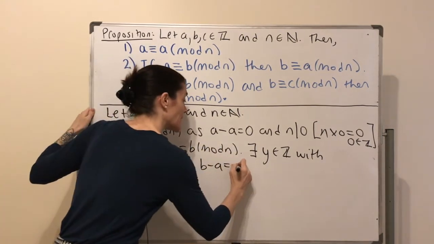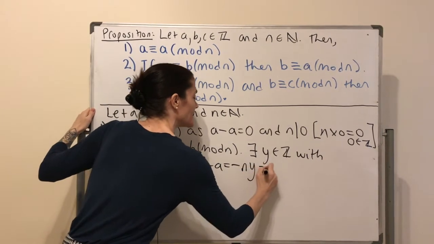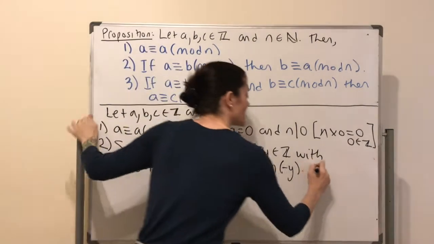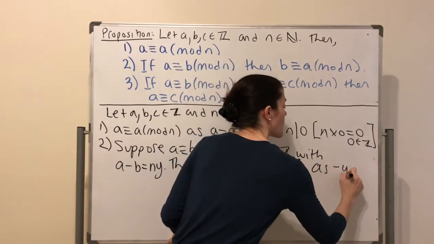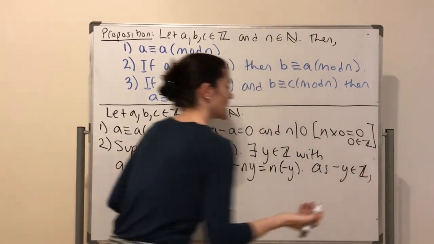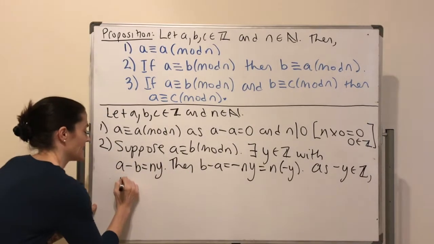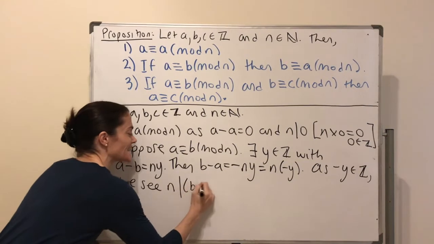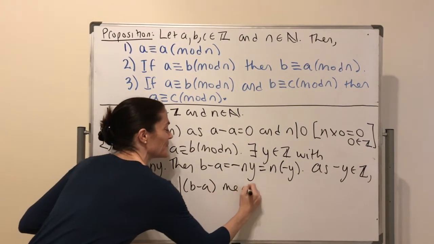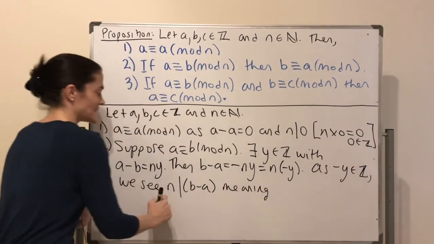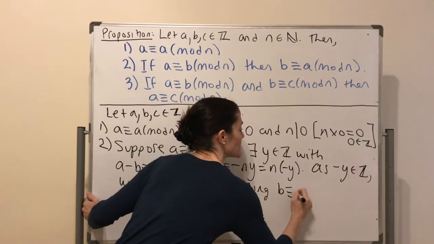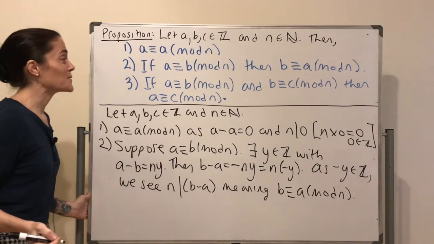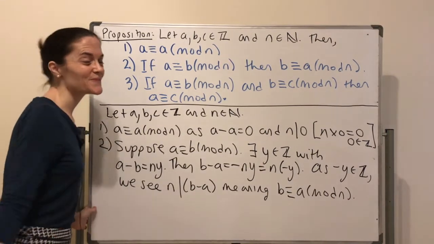So this is negative ny, which is n times minus y. As minus y is an integer, we see that n divides b minus a, meaning that b is congruent to a mod n. And this proves number 2.